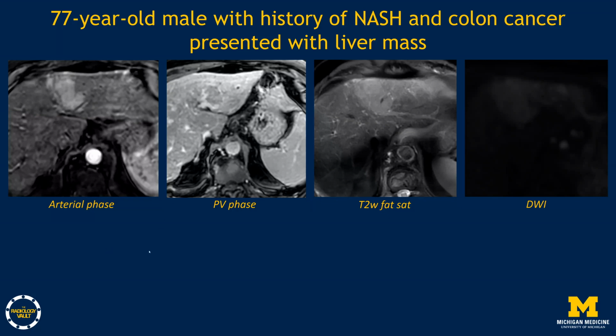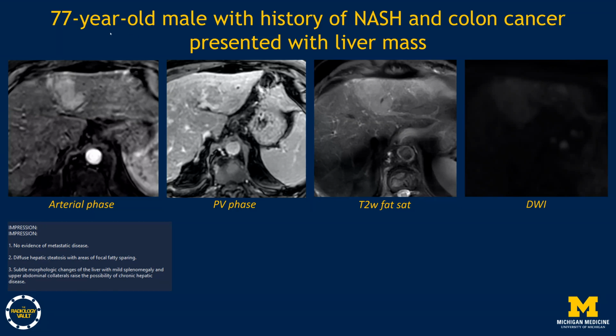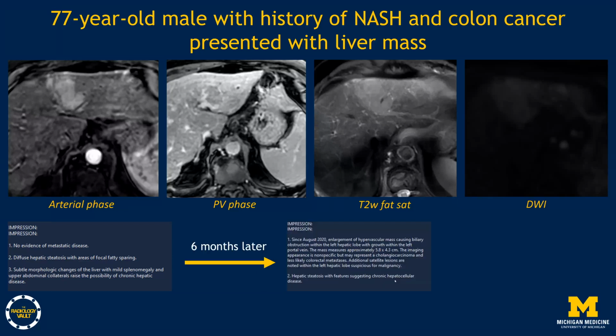Now, when this was read 6 months earlier, it was read as no metastatic disease, diffuse hepatic steatosis, and this area that was developing was not talked about. 6 months later, on this exam, they said there was enlargement of the hypervascular mass, which was causing some biliary obstruction that I'm not showing, and it was also growing into the portal vein here.